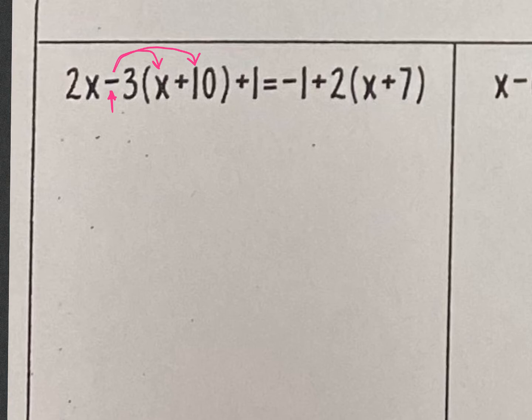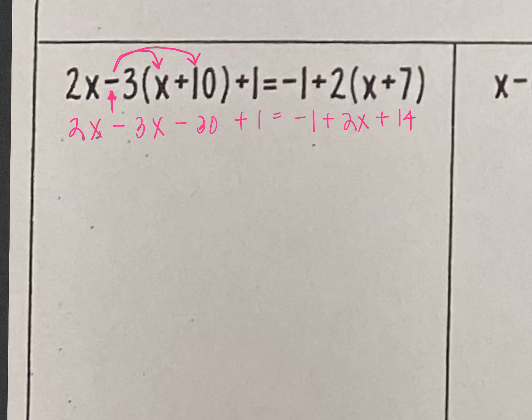So we could add the opposite, so 2x plus -3 times the quantity x plus 10, or you could just leave it this way. So we would have 2x, and then -3 times x would be -3x. -3 times 10 would be -30. Plus 1 equals -1 plus, and then 2 times x is 2x, and 2 times 7 is +14.